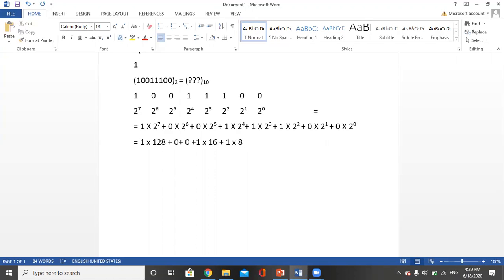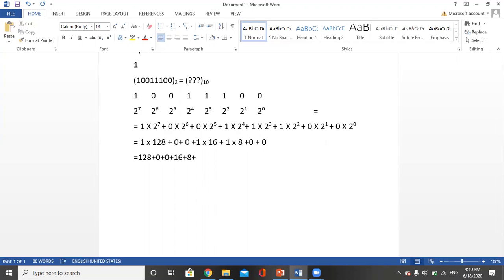And again we can see there is 0 and another 0, so all we have now is 128.